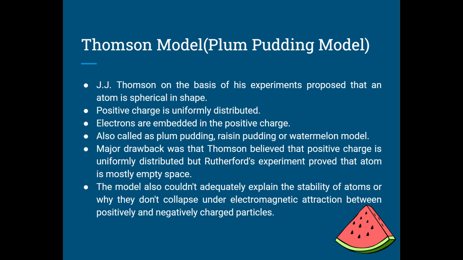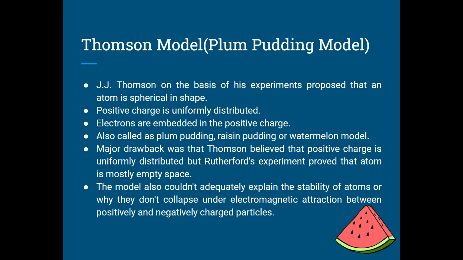Another major drawback was that he believed the positive charge is uniformly distributed. We haven't studied the Rutherford model yet, but I must tell you that Rutherford did a famous experiment, the alpha particle scattering experiment, and he found out that the atom was actually 99% vacant.